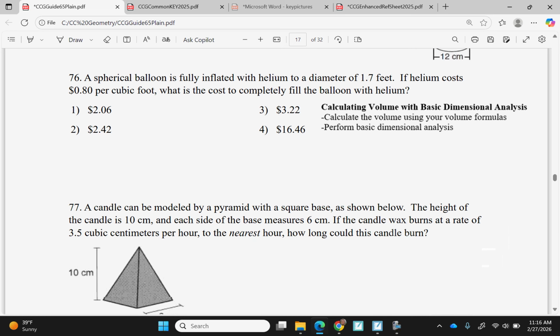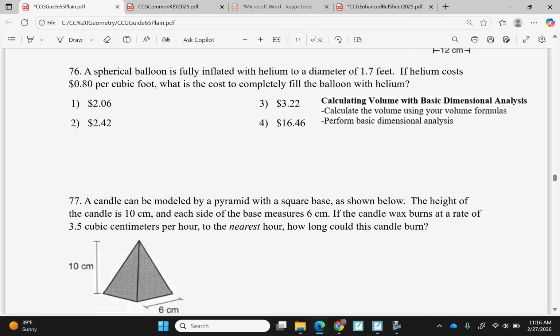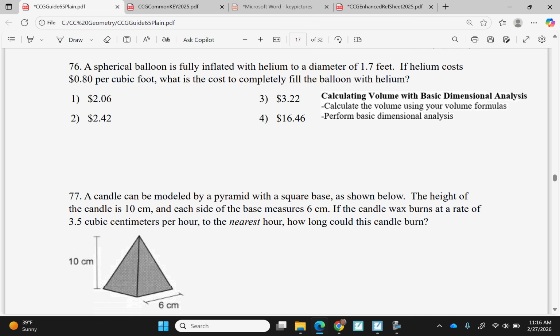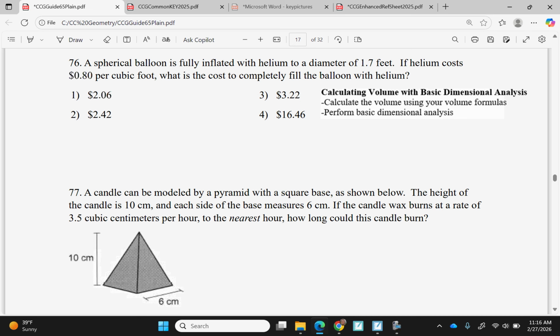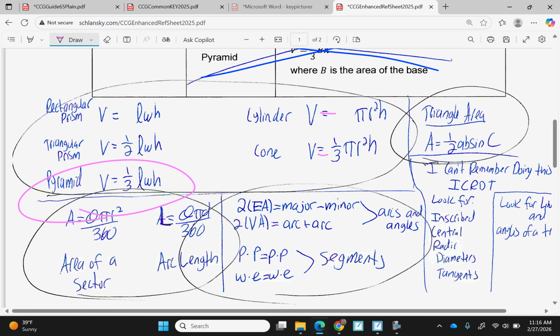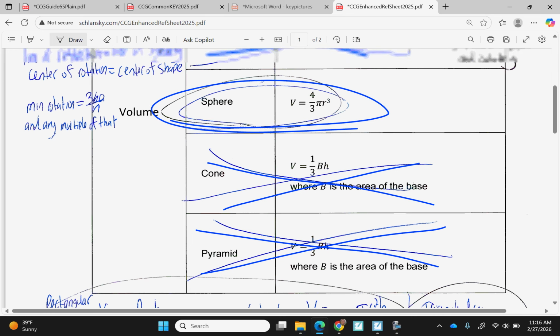Calculating volume with basic dimensional analysis. So the assumption is that you understand basic dimensional analysis. If you don't, then watch my video on dimensional analysis. Whenever it's asking for cost or mass or whatever, step 1, calculate the volume. A spherical balloon, so I go to my reference sheet. Sphere is the one thing that is given to you, 4/3 pi r cubed.